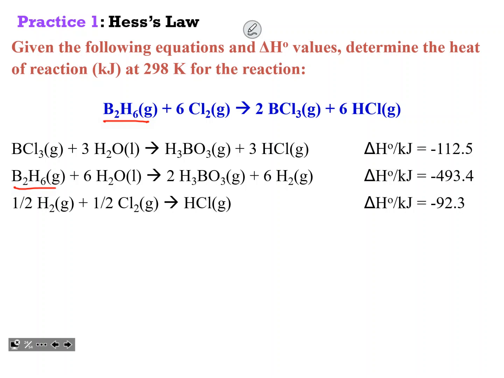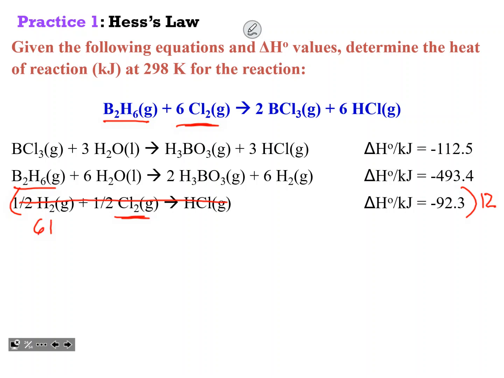Okay, now the Cl2s. So this one, Cl2s here, as you can see, that's 1/2. It is in the correct place, it's a reactant, we don't have to flip it, but we do need to multiply through, and in order to get 1/2 to 6, we get to multiply by 12. So this gets all multiplied by 12. And I'm going to just cross this one out so I don't have to rewrite that one.